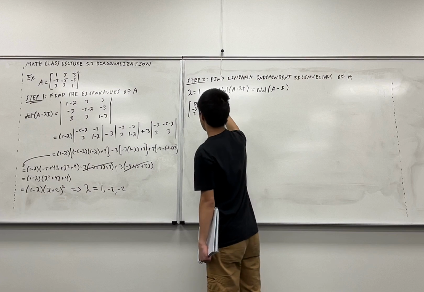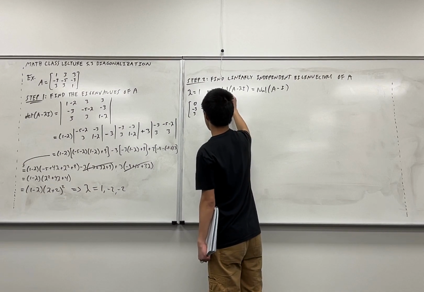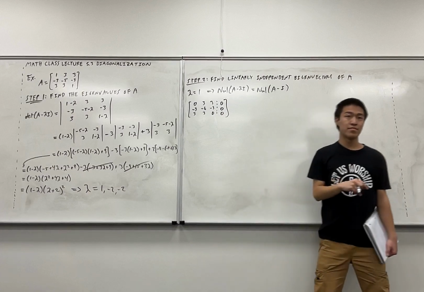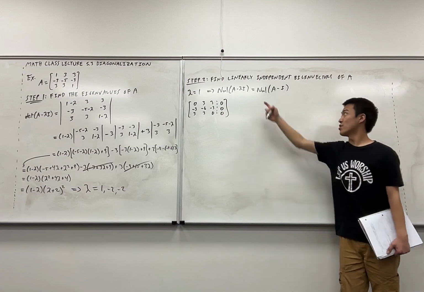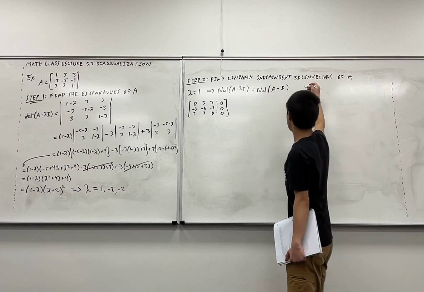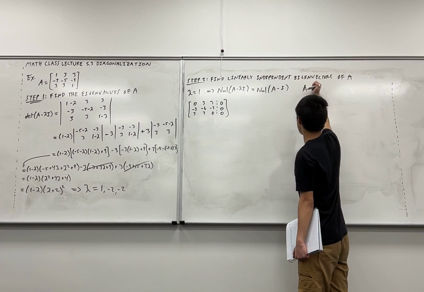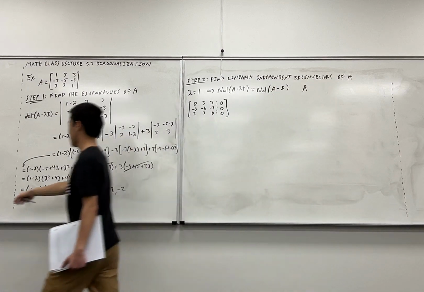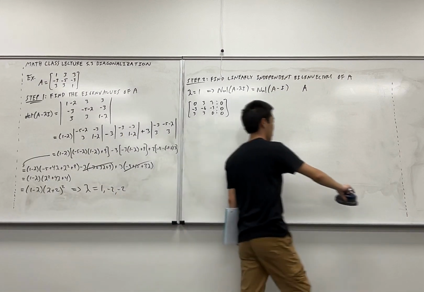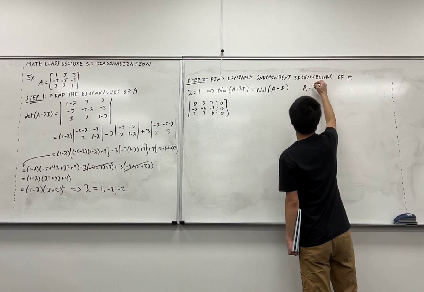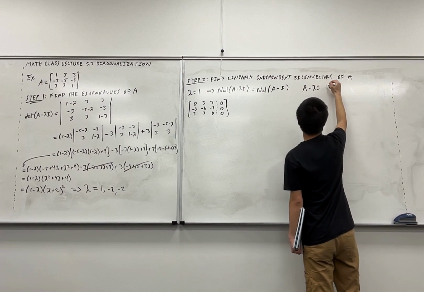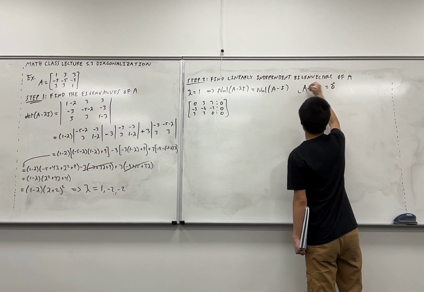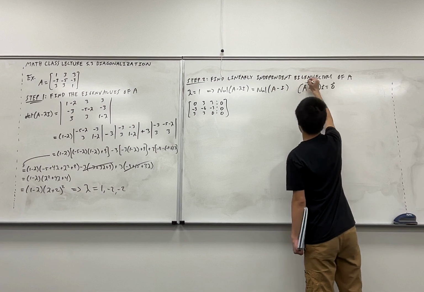Why am I augmenting this with the 0 vector? The null space, right? Solutions of the homogeneous equation. So, solutions of this. Okay?